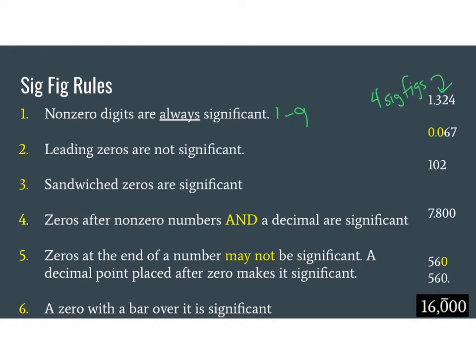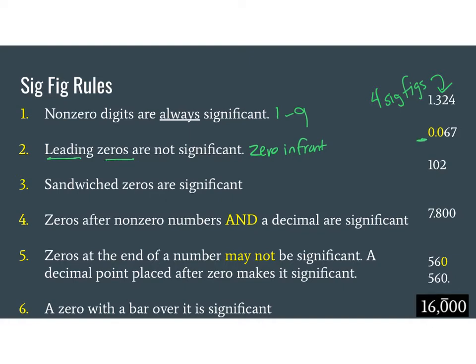Next up, leading zeros are not significant. So what is a leading zero? That would be a 0 in front. When I look at this value, 0.067, the first 2 zeros are what we call leading zeros, and we know from this rule leading zeros are not significant.